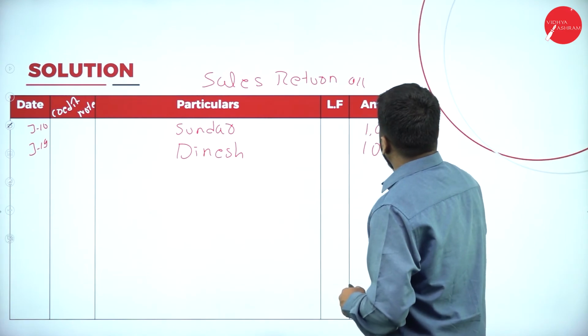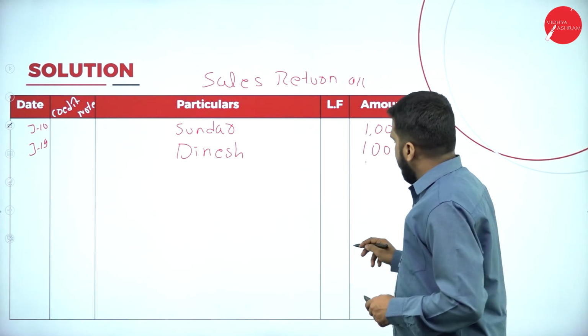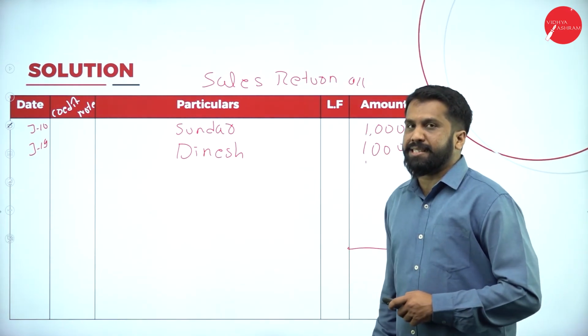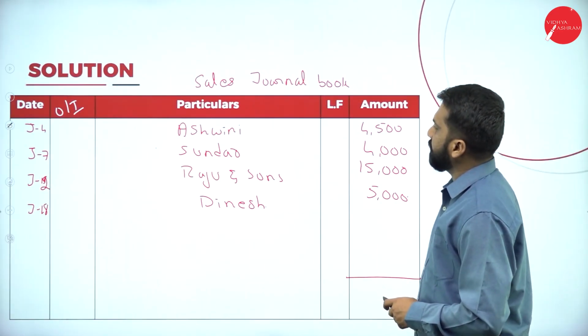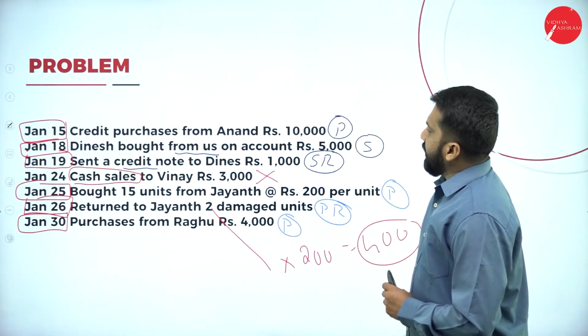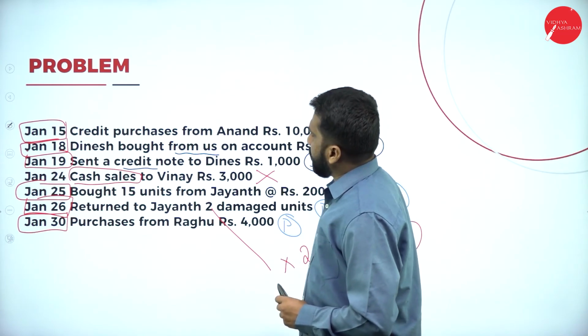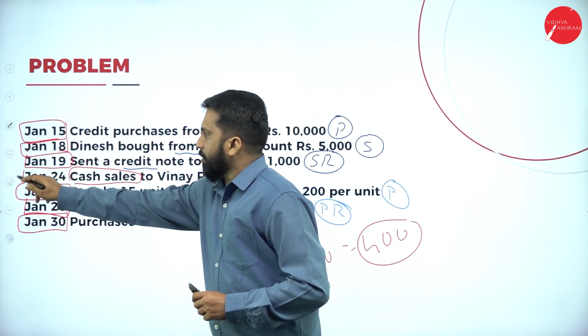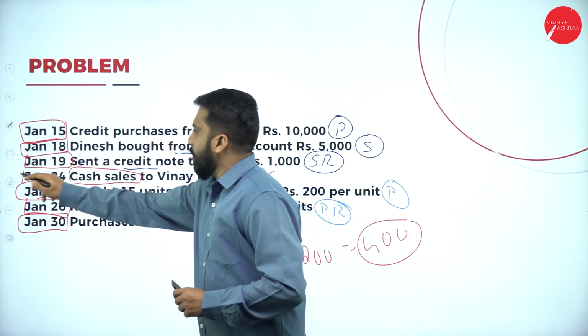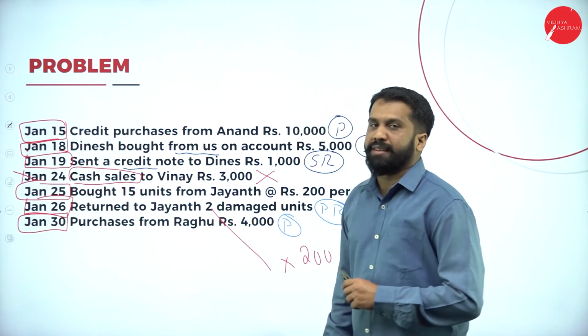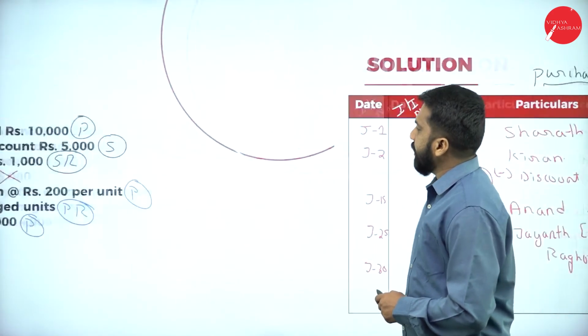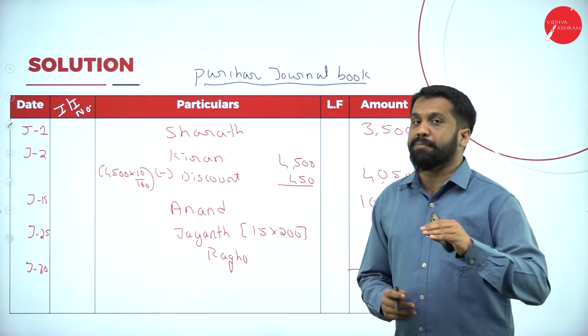Again, I'll go back. We'll check is there anything. As per this, so it is 1,000 is over. 24th we don't consider. Why? Because it is cash related. We will not consider.